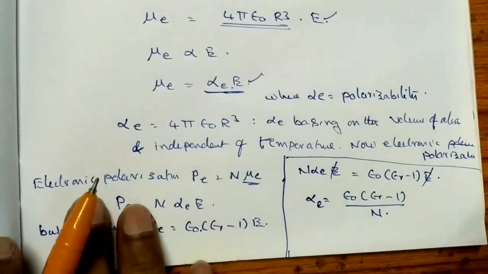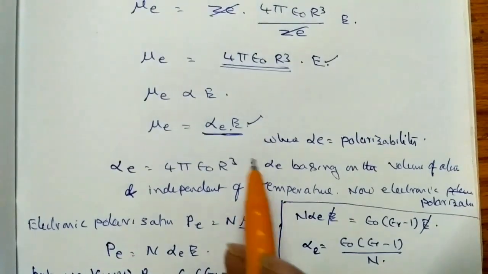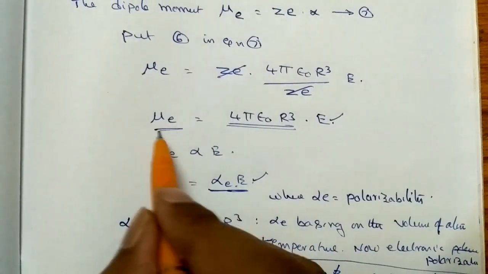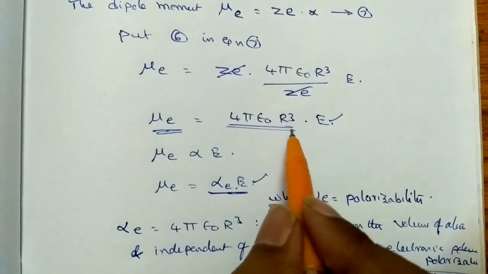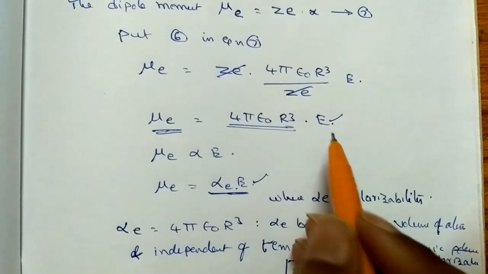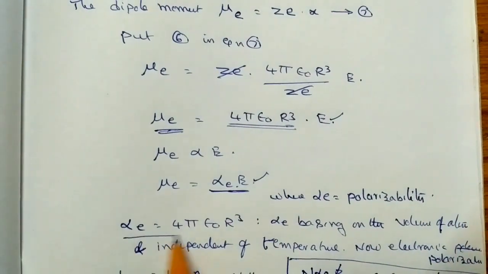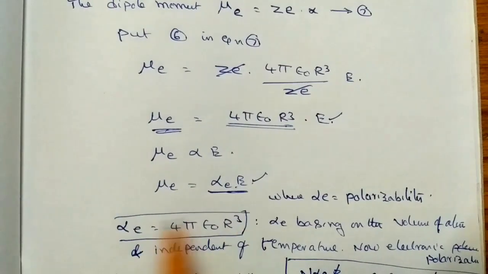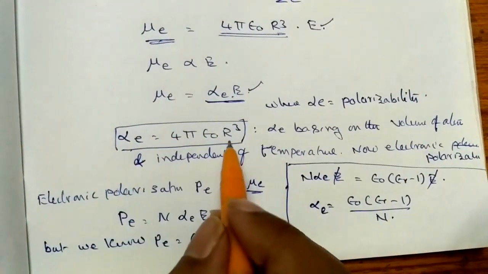Here, if we observe, this alpha e is proportional to R cube.